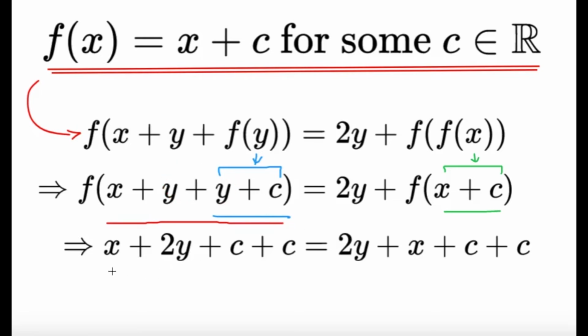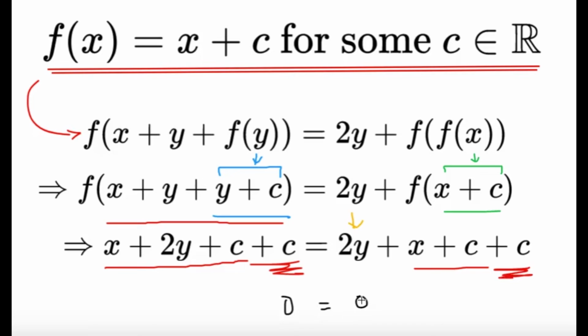So this is equal to x plus 2y plus c, and then the 2y here just becomes the 2y here, but f of x plus c is going to become x plus c plus c. And what's interesting about this is that both sides of the equation are the same. So this is technically a 0 equals 0 scenario.